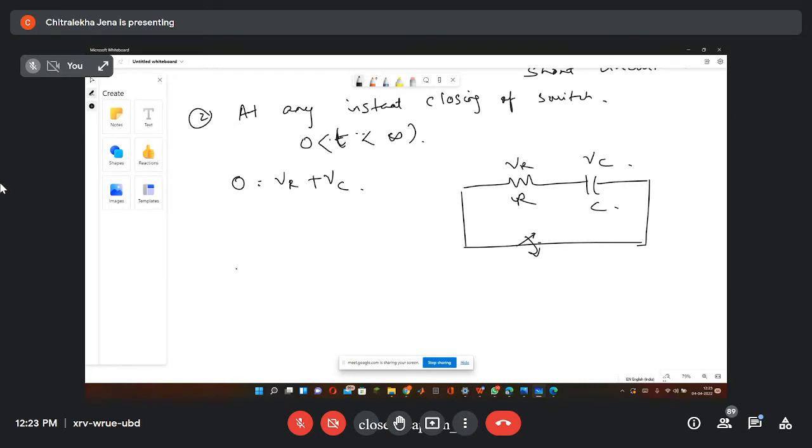So VR is equal to how much? I have told you last class. 0 is equal to IR plus VC. What is the value of I? Last class I told you, see your copy and tell me what value I have taken.